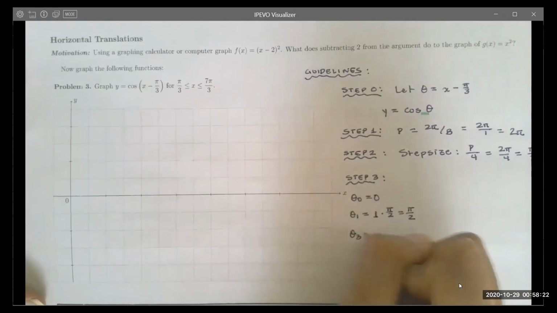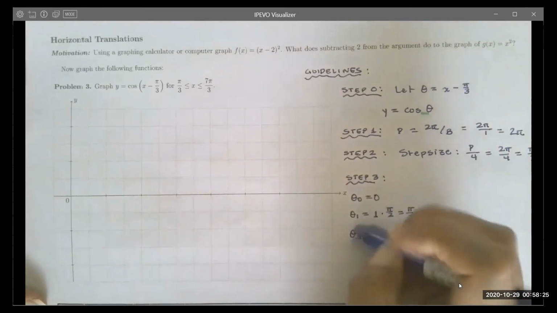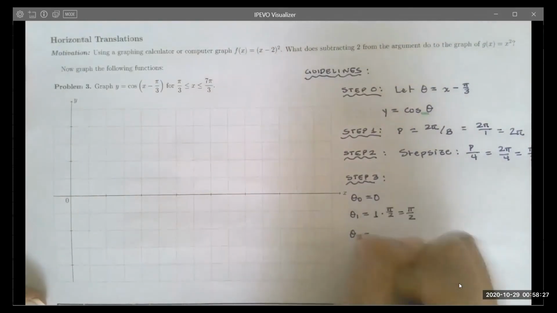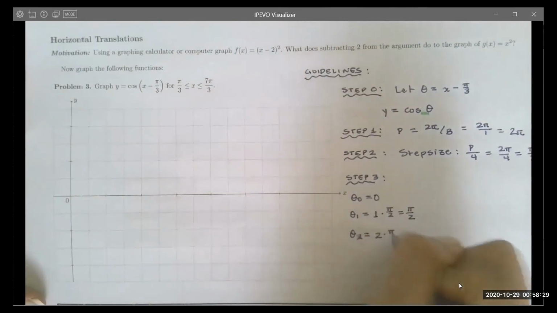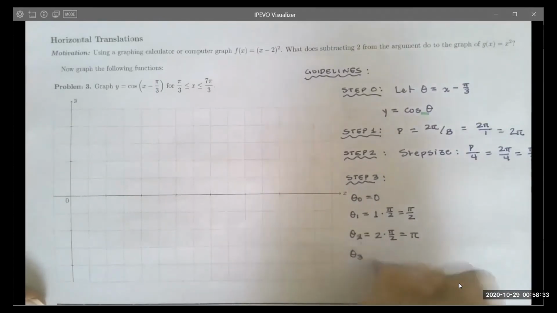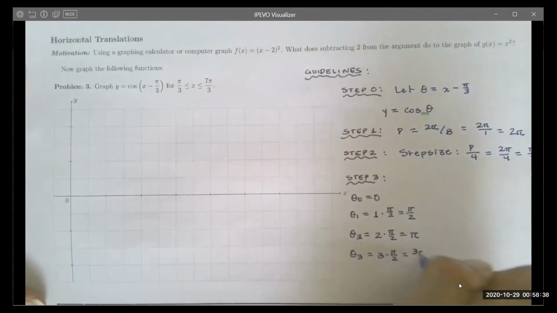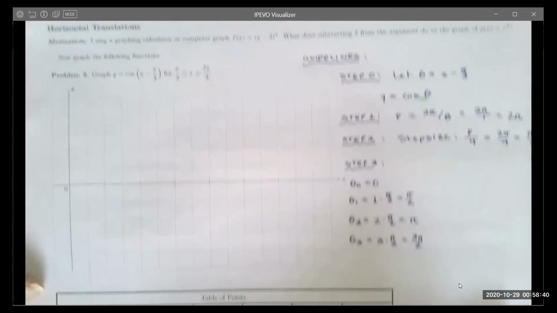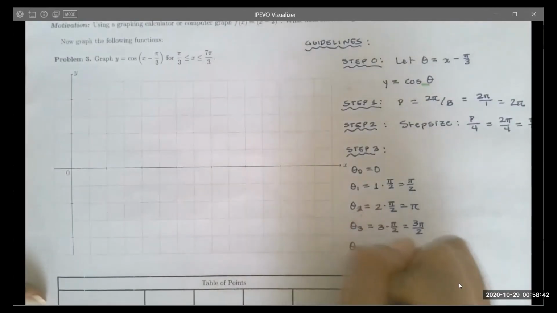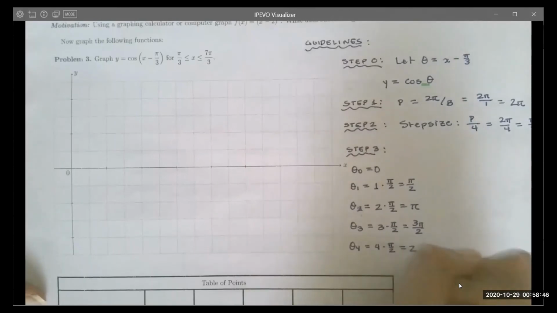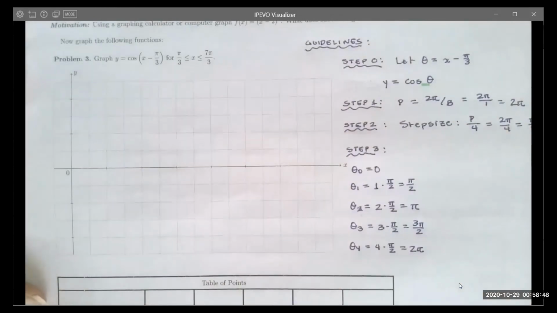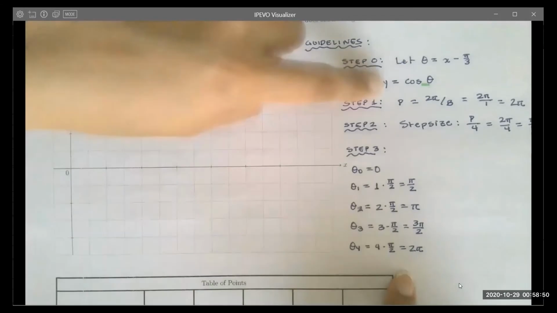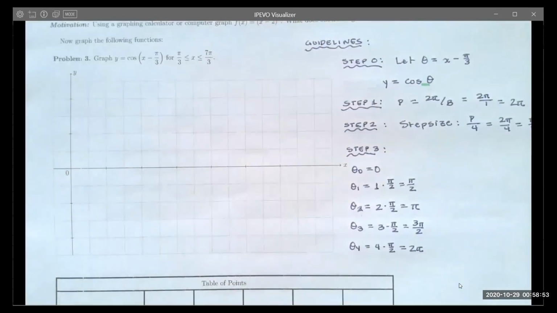Then 2 times pi over 2, which is pi. Then 3 times pi over 2, which is 3 pi over 2. Then 4 times pi over 2, which is 2 pi. And that would be it. We made it back to the period of 2 pi.